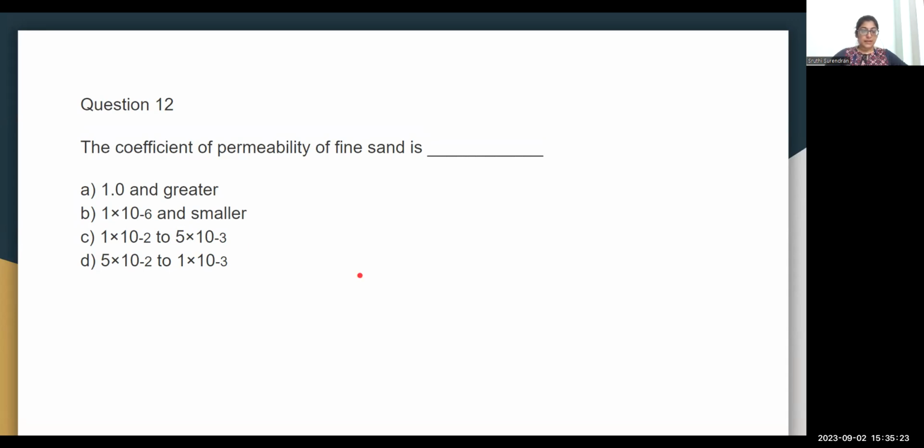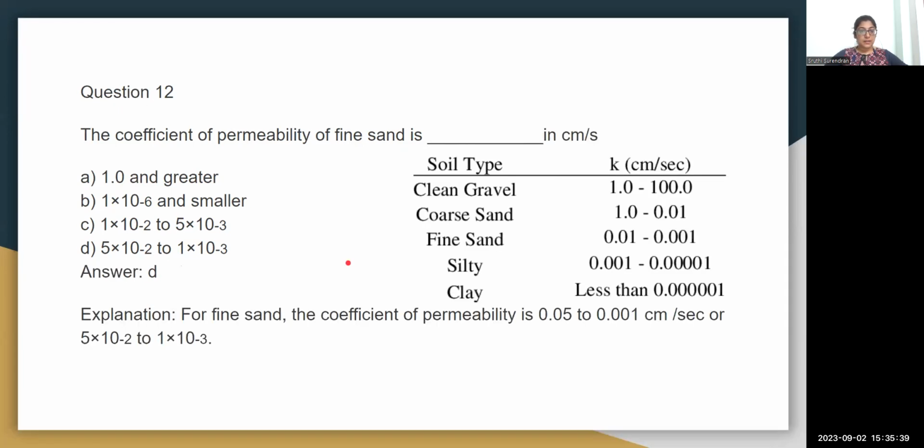Is it one and greater than one, 1 into 10 to the power minus 6 and smaller than that, between 10 to the power minus 2 and 5 into 10 to the power minus 3, or between 5 into 10 to the power minus 2 and 1 into 10 to the power minus 3? So let's check the answer.